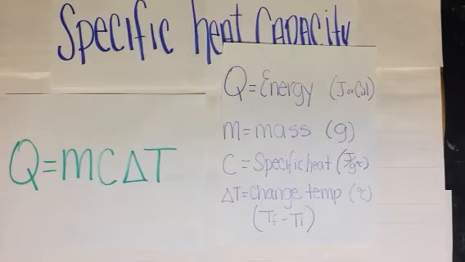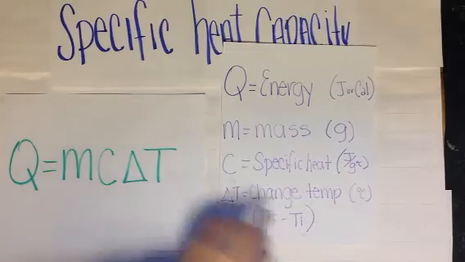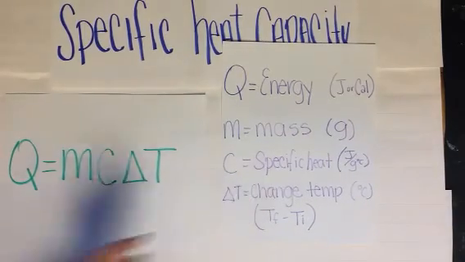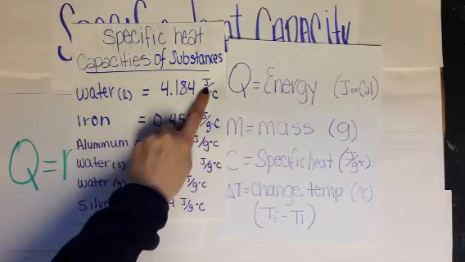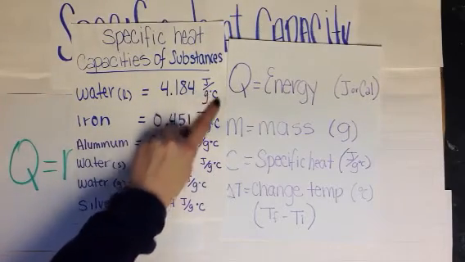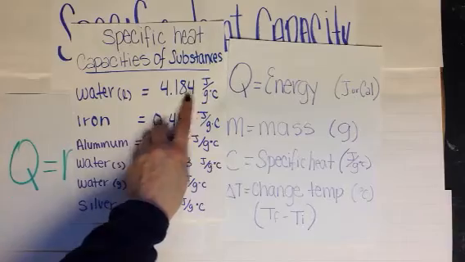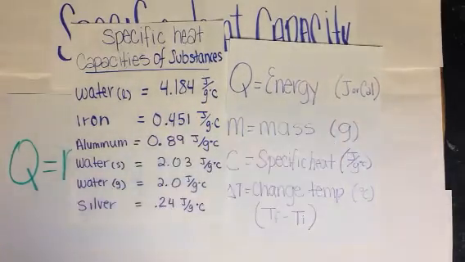And delta T, which is triangle T, is known as a change in temperature. Change in temperature is taking your final temperature minus your initial temperature, and that's in degrees Celsius. So if I'm going to use my specific heat capacities seen here, energy is measured in joules, so this specific heat capacity value needs joules for energy.